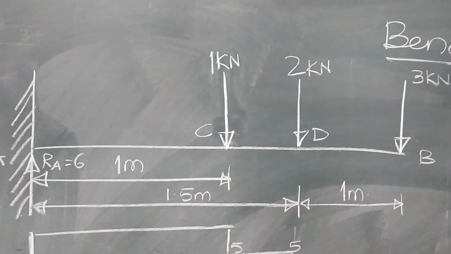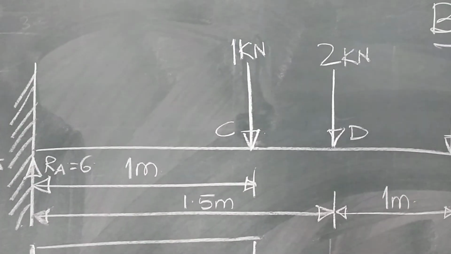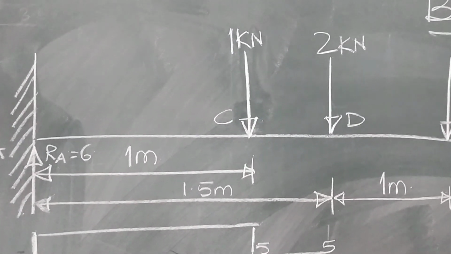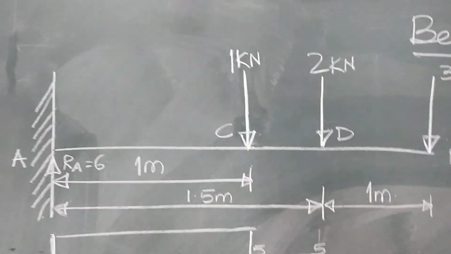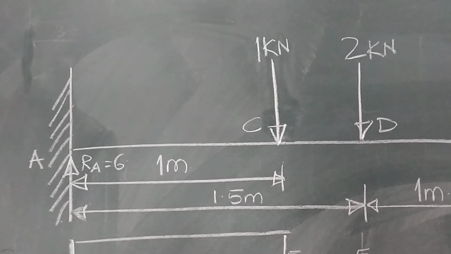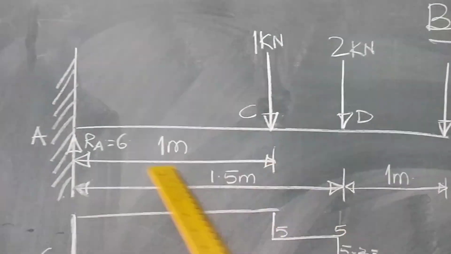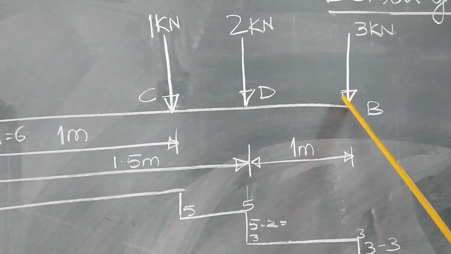Now see, already I have told that this cantilever beam problem is very simple as compared to a simply supported beam, because reaction is at only one end, RA. See here, we can easily calculate reaction. No reaction at free end.